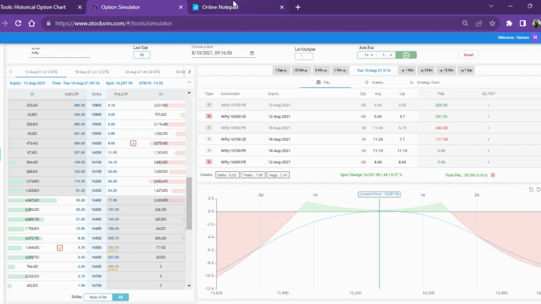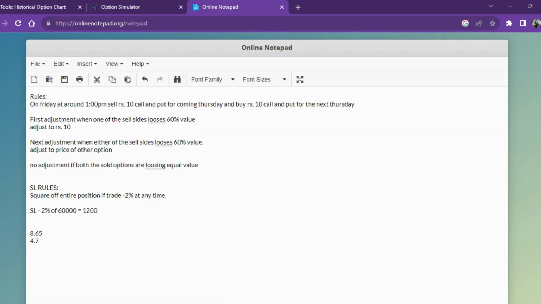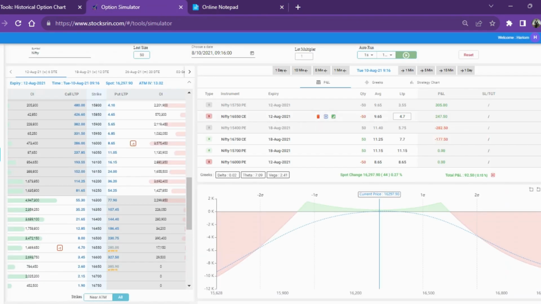Let's go ahead. Okay, so we'll adjust this at 3.45 rupees now. And for this, it would remain the same, which is 3.9. So let's go ahead.